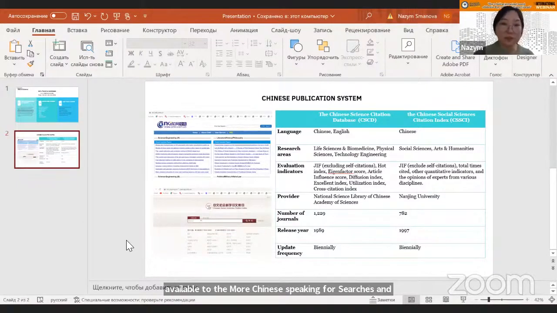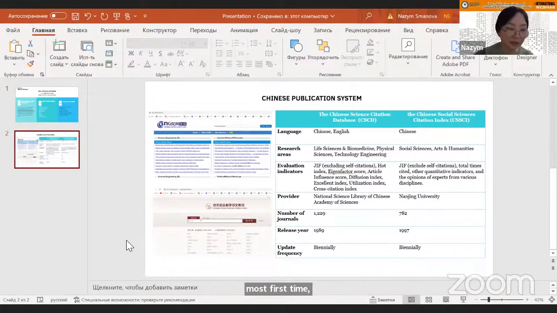And most first-time publishers in Chinese journals have to follow the format structure used in the journal in which they are submitting their articles.